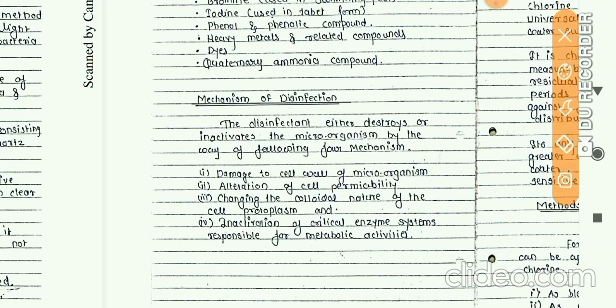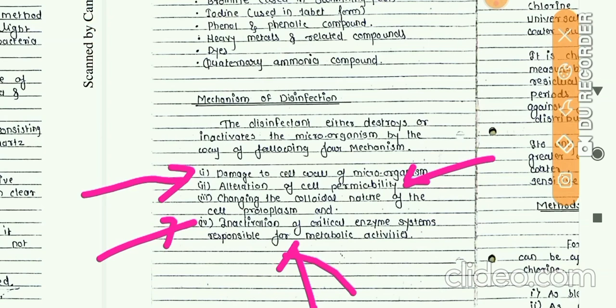It may damage the cell wall very first, or may alter the cell permeability, or may change the colloidal nature of the cell protoplasm, or may inactivate the different enzymes which are responsible for the metabolic activity. So this is the mechanism of disinfectant.